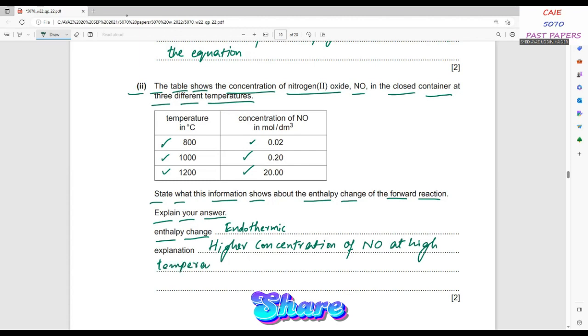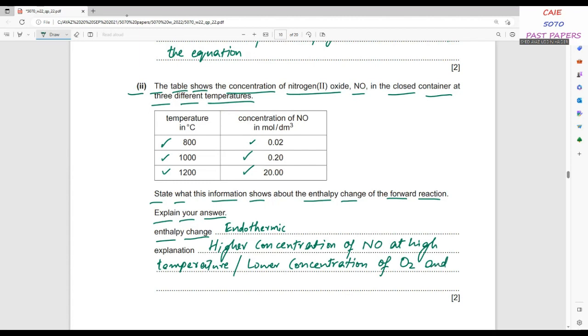You can even refer the concentration of O2 and N2, which will be lower concentration of O2 and N2 at high temperature.